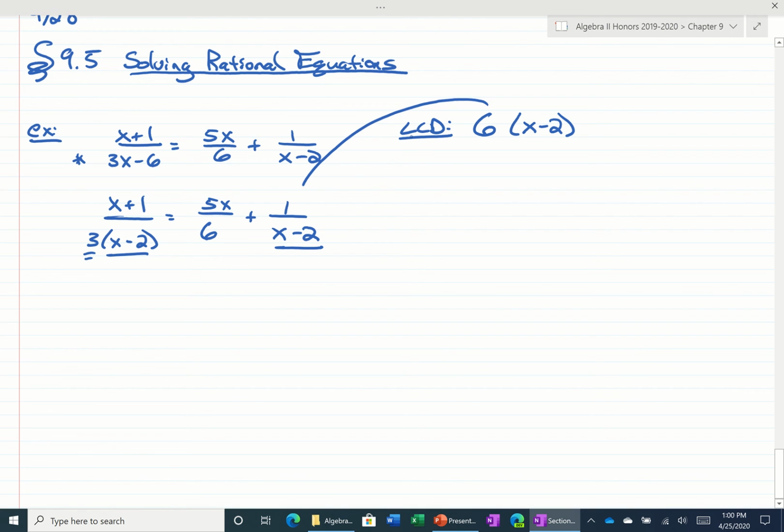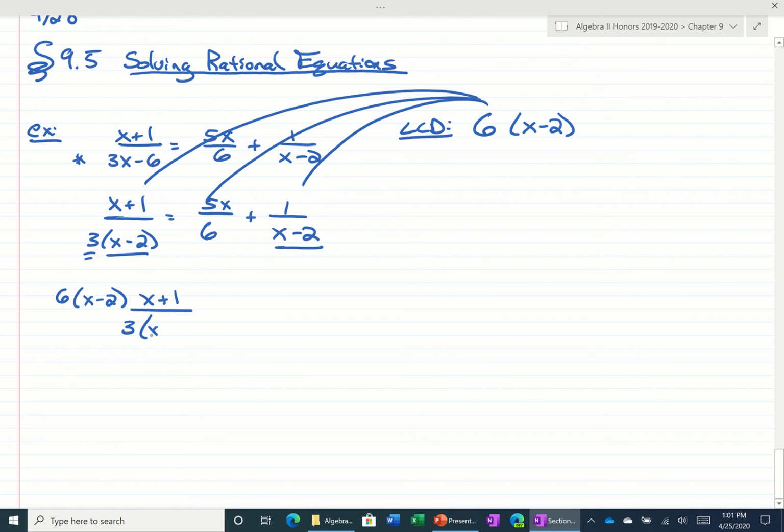So from here, I'm going to multiply everything by our least common denominator. Now, you just have to be careful. There's a lot of numbers that are going to be floating around. This isn't hard math. It's just, you mess up one sign and you're done. So the x minus 2's here cancel.